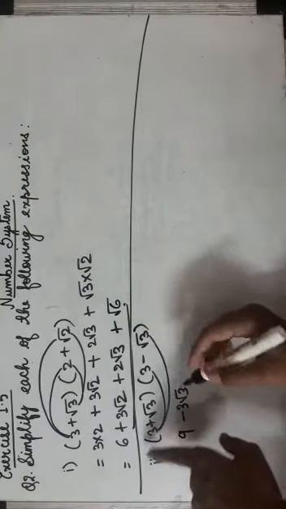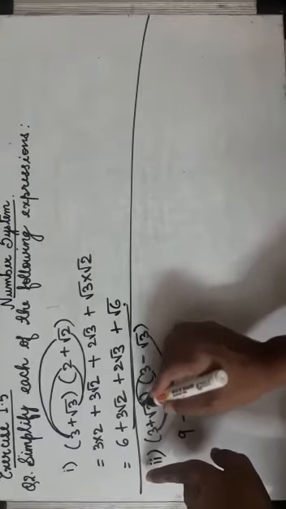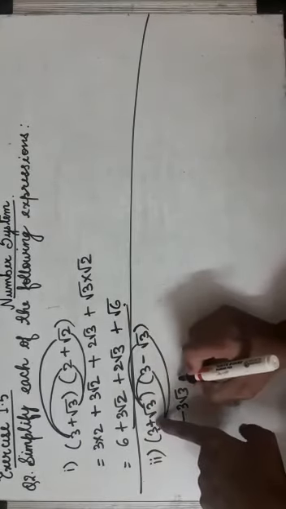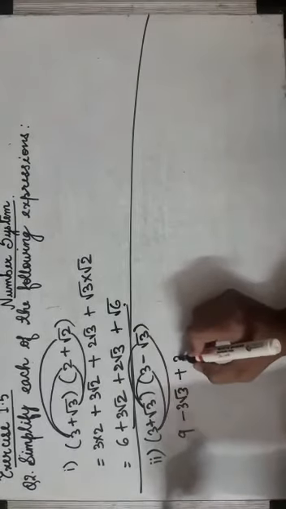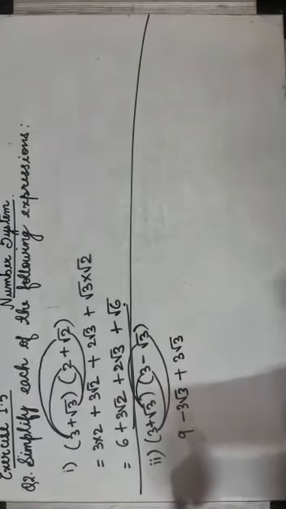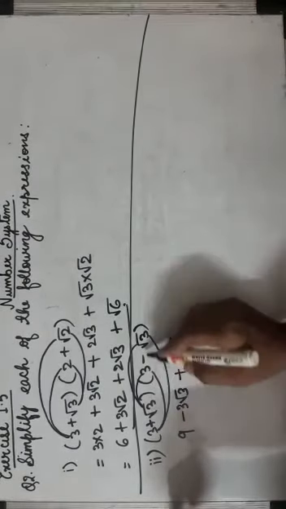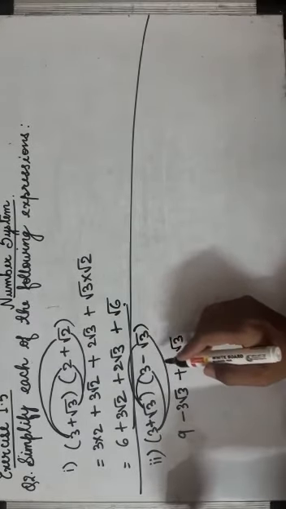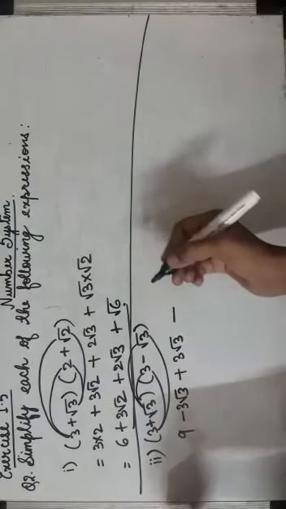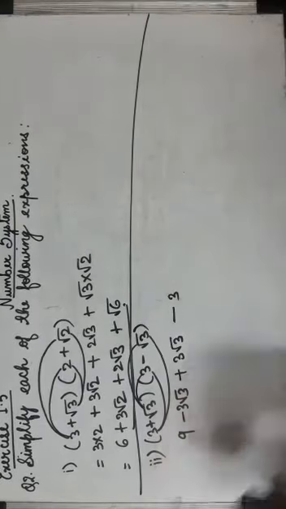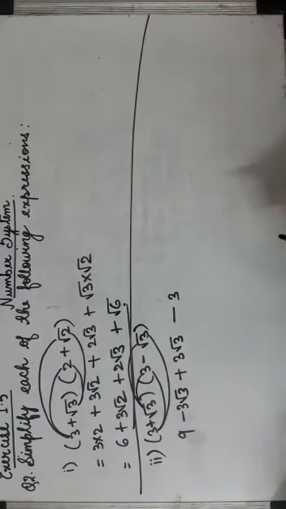Now multiply the second term, root 3, with both the terms. Again addition, plus is there, so plus root 3 into 3, 3 root 3. Then root 3 into minus root 3. Plus into minus will be minus, no? And root 3 into root 3 will be root 3 square, and root 3 square is 3.